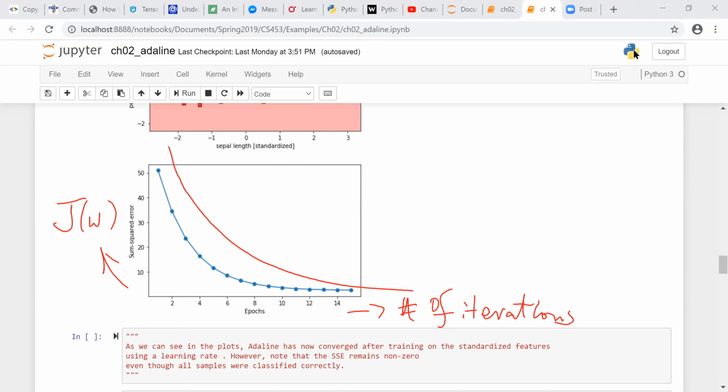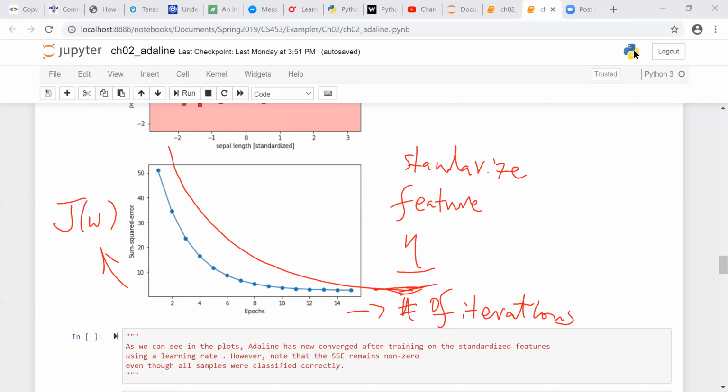So you can see after we standardize the features, even though we pick the bigger eta, which previously gave a bad result, this time the result is also good.